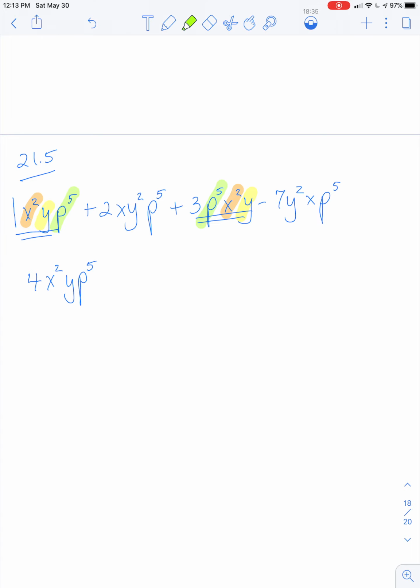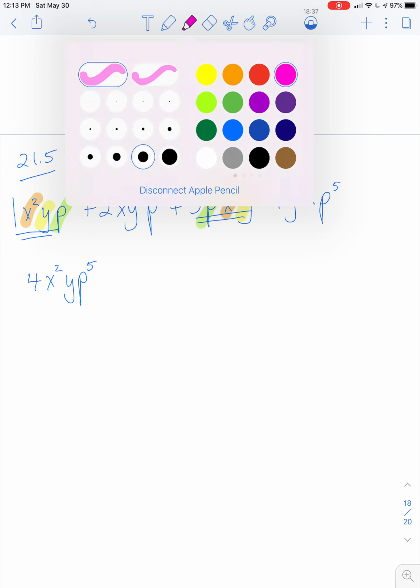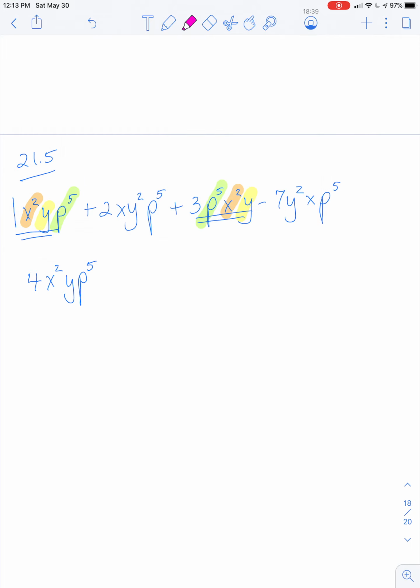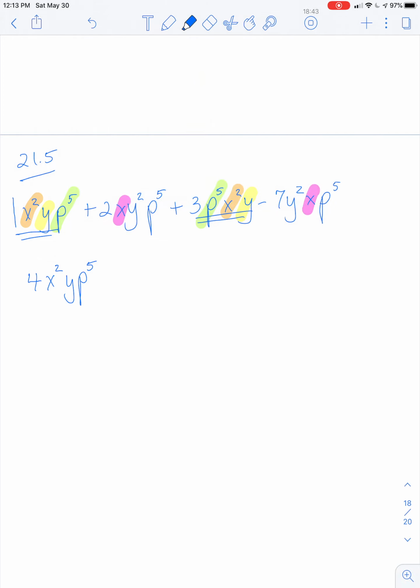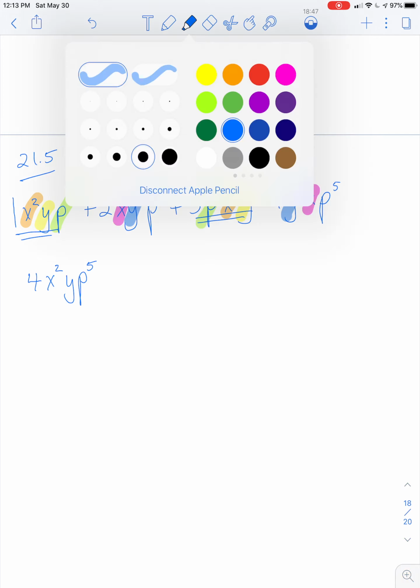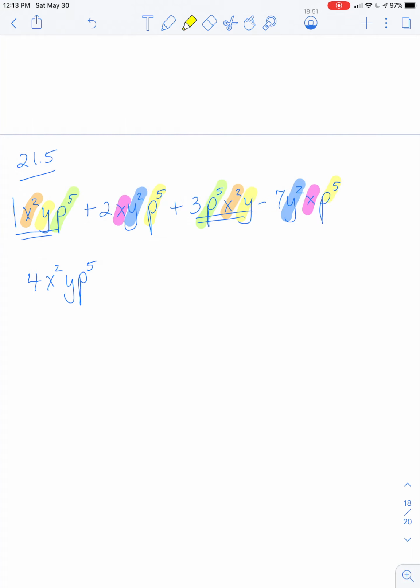And let's see if the next ones are actually matching terms. Let's see if I can grab another color here. So I see an x and an x. I see a y squared and a y squared. And I see a p to the fifth. So it looks like now we have the same term.